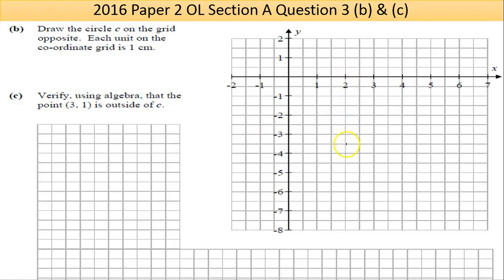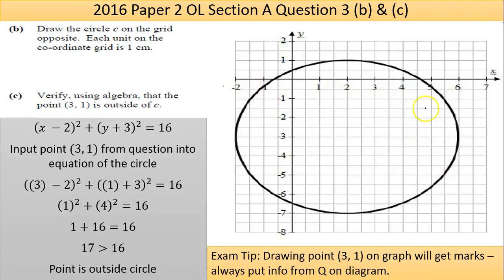So 2 on the X, minus 3 on the Y, that would be the center. You're then measuring 4 units because the radius is 4. So 1, 2, 3, 4. That's where you put your compass. Draw your circle. Okay, now I'm not going to draw with this pen because it'll make an absolute disaster of it. But that's what it would look like there.